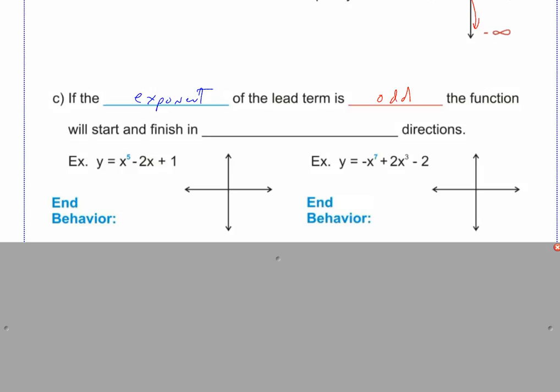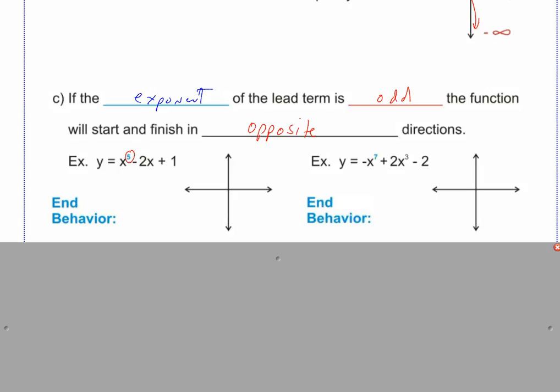If the exponent of the lead term is odd, the function will start and finish in opposite directions. These are tendencies of every polynomial function. So if you look at the first example, you have a positive 5.